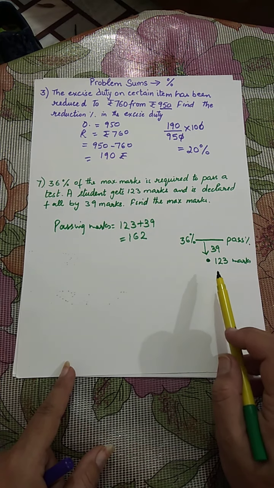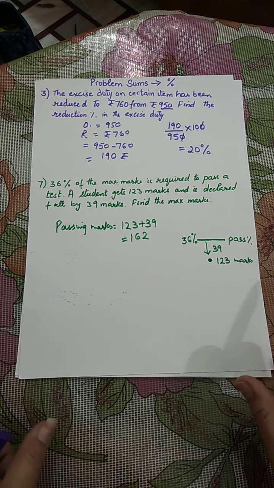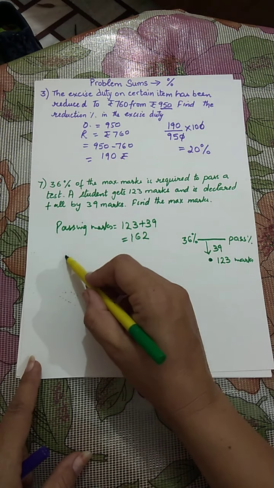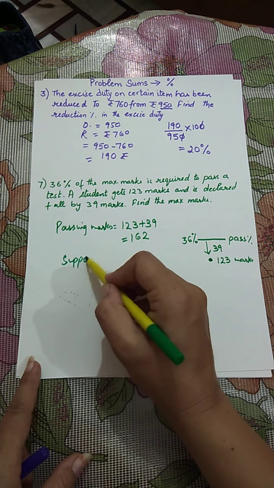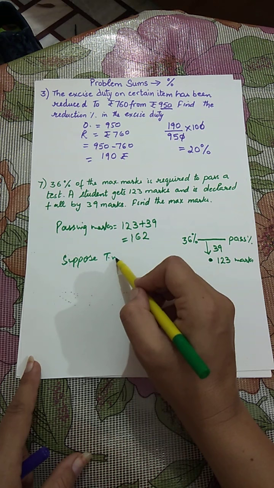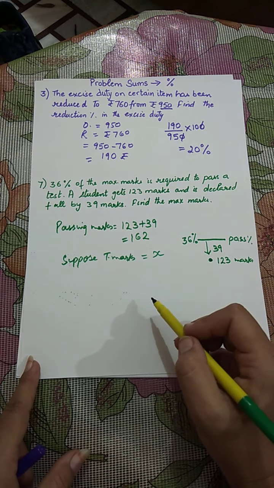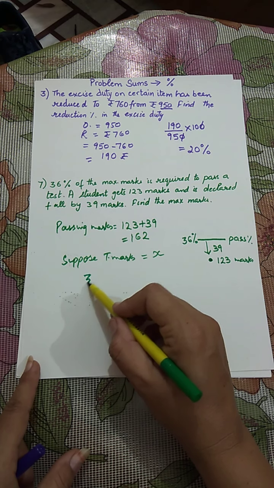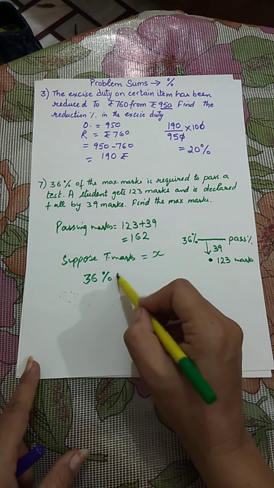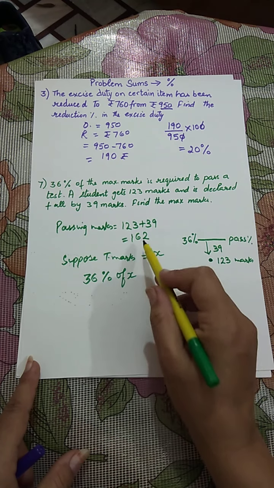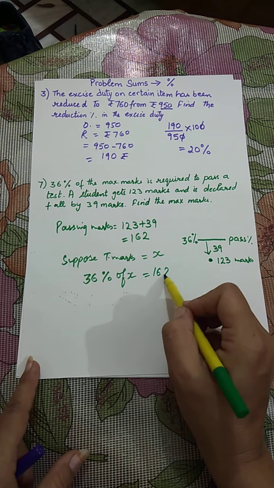Now we know that 36% is the passing marks. So we will suppose let the total marks be X, because we do not know the whole part or what we call the total. So 36% of X is the passing marks, which is equal to 162.